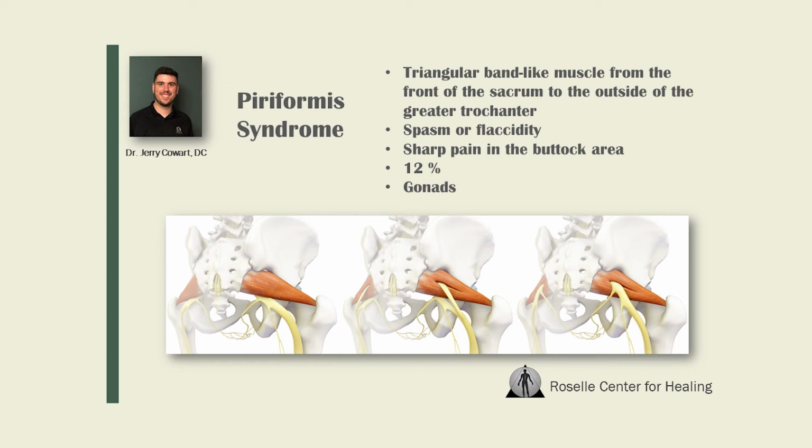And oftentimes you won't know that this is the case until you have someone who's got sciatica and you've done x-rays and their spine looks absolutely fantastic and they are coming in with that sharp pain in the buttock area, and you know that the piriformis is involved and you're doing everything you're supposed to and the patient's not getting better. And then you end up having to get a CT or MRI to look at the actual soft tissue. And that's when you see that that sciatic nerve comes right through that muscle.